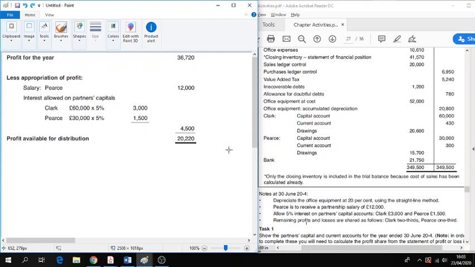That is your split, and then we always add them back up together. So we've got profit for the year less appropriation. Profit available, this is actually what's going to be distributed between these two, and that's your total profit distributed.